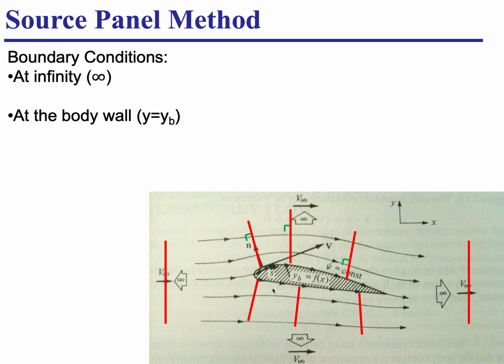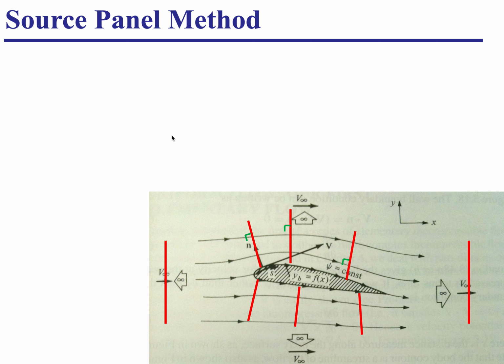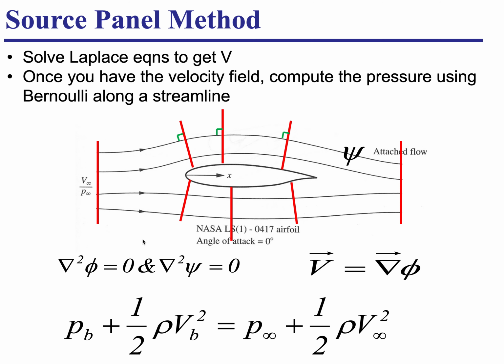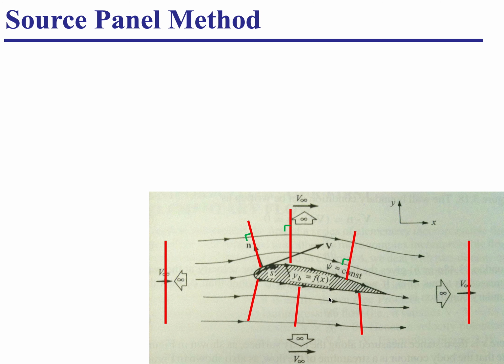As we try to solve for the velocity on the surface of the airfoil, a necessary step is to apply a boundary condition that is associated with solving the Laplace equations.